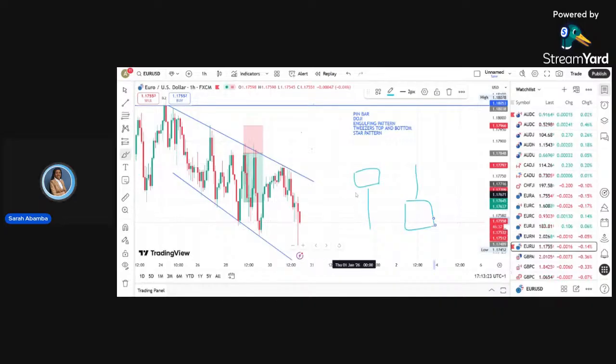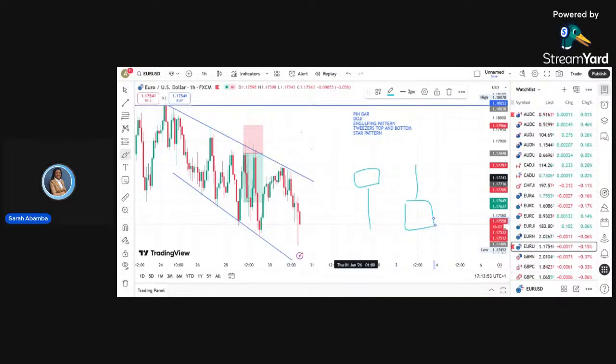So what do they indicate in the market? When you see a bullish pin bar on a support, it's telling you that prices are going to reverse into an uptrend. We know the last time we had a class, we were talking about the uptrends and downtrends. These are the things that tell you that a trend is about to change from an uptrend to a downtrend, or from a downtrend to an uptrend.